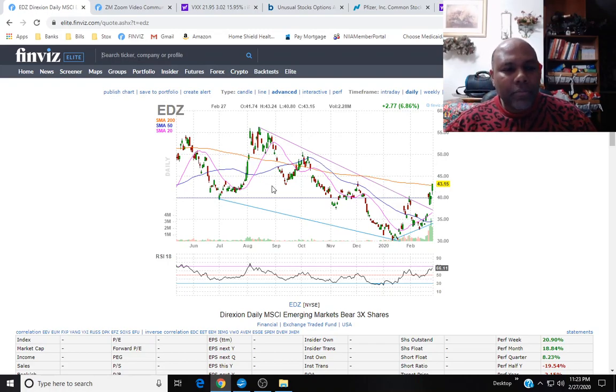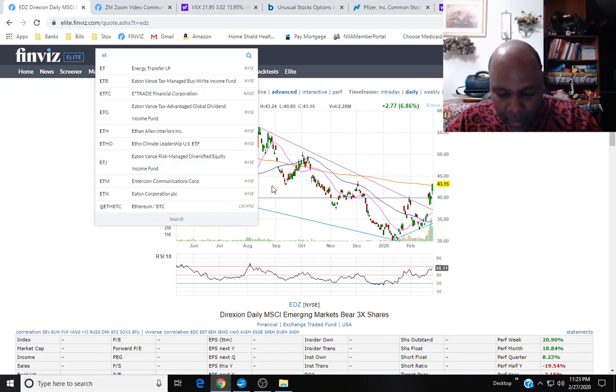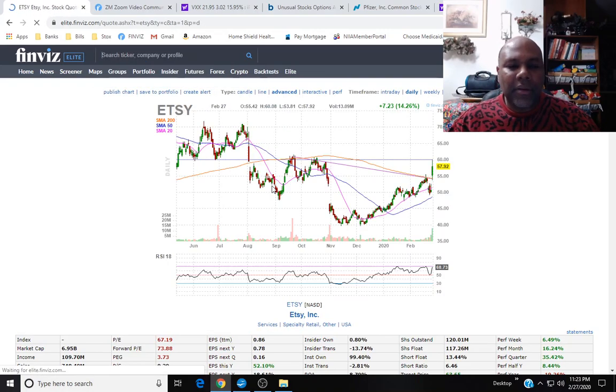The next stock, ticker symbol ETSY. This is called Etsy. Etsy is an online marketplace to buy and sell goods. This is also a good stock that's not affected by the coronavirus.